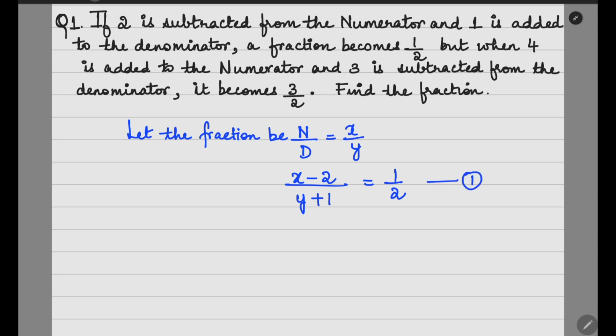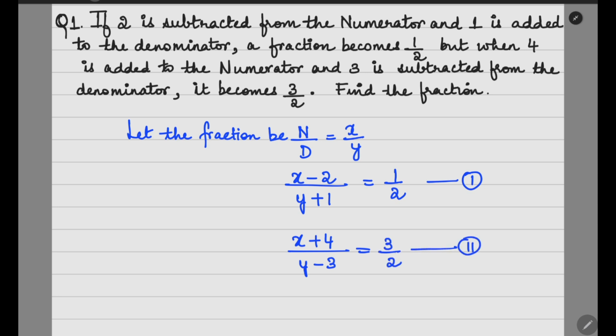But the second thing is, when 4 is added to the numerator and 3 is subtracted from the denominator, so x plus 4, and y minus 3, then the fraction becomes 3 by 2.